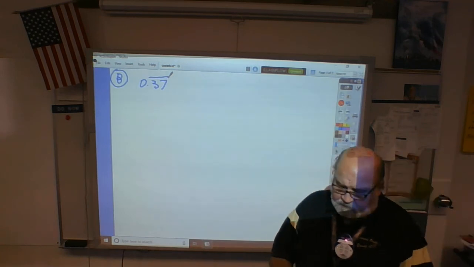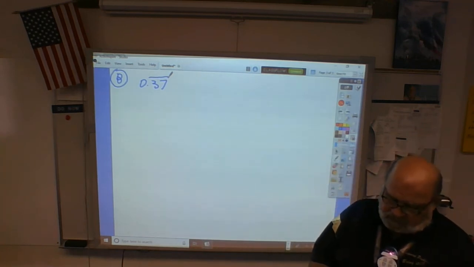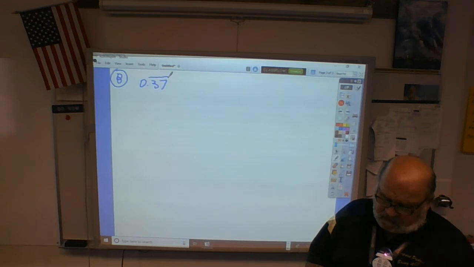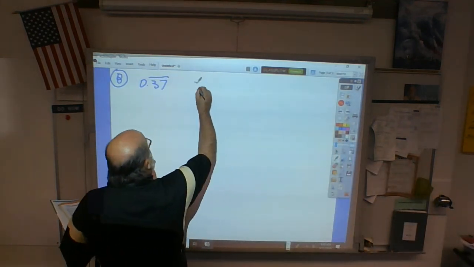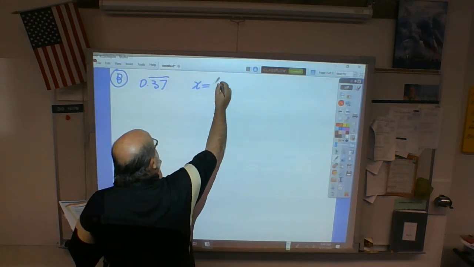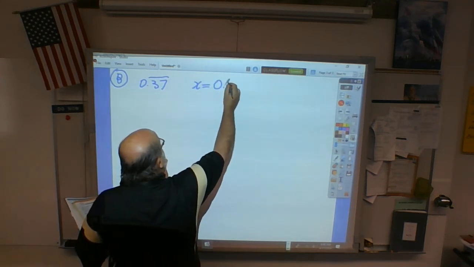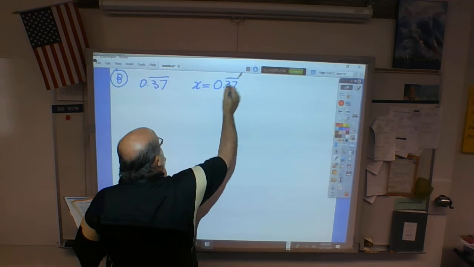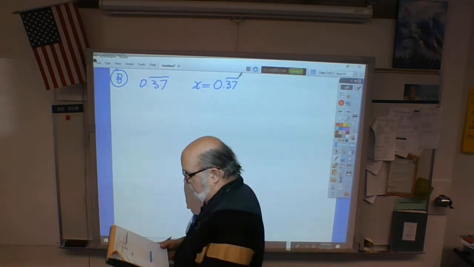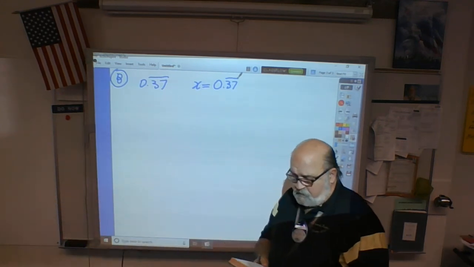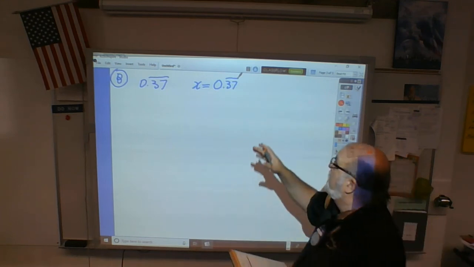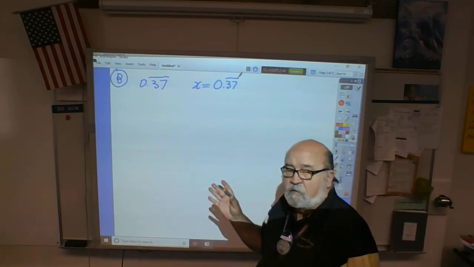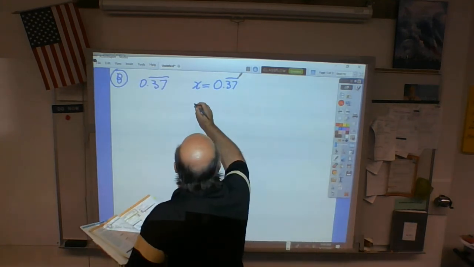Now, if you look on page 8, what it's telling you is that we're going to use a little bit of algebra. X is equal to 0.37 forever. All right? Once we know that, if I multiply the left side by 100 and I multiply the right side by 100, this is what I get.